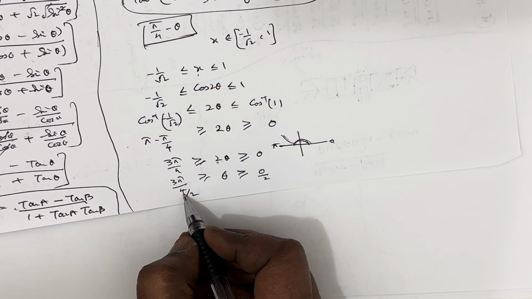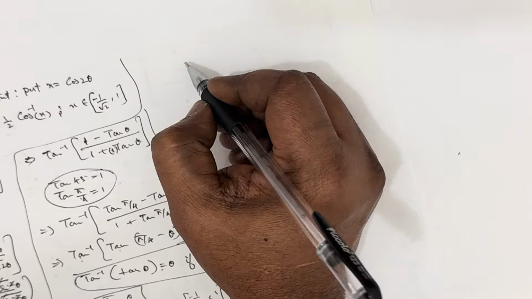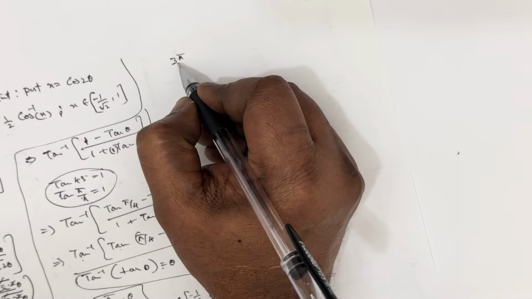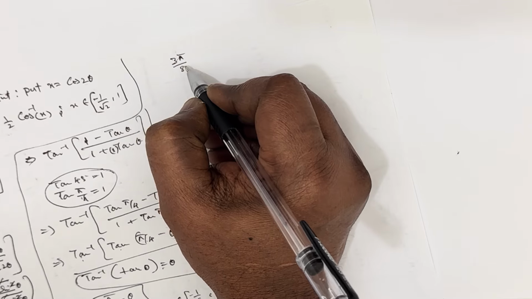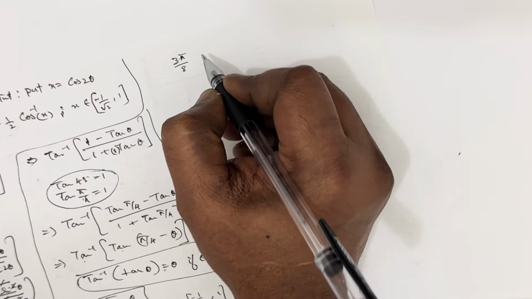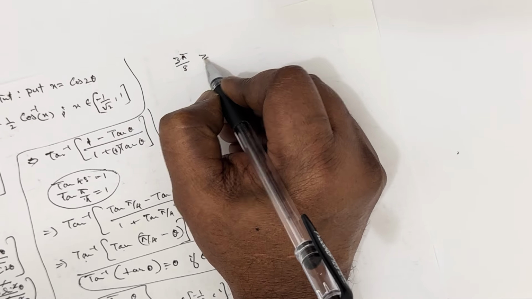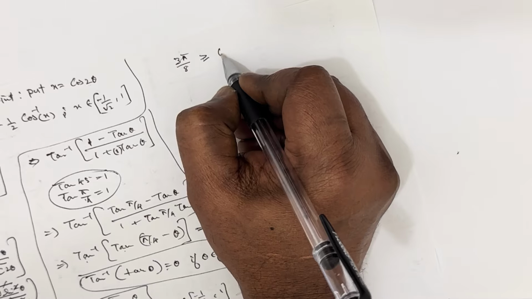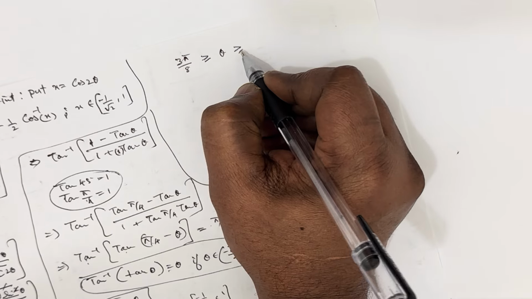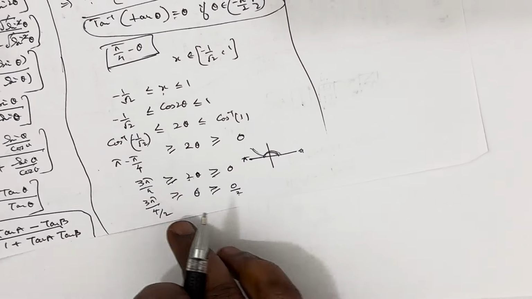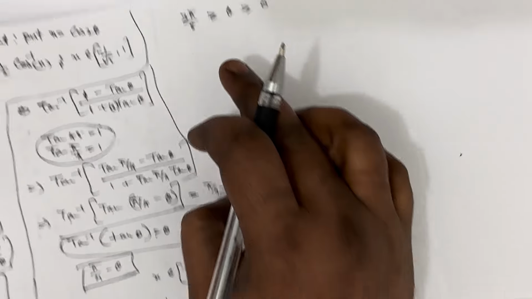So we have 3 pi by 8 greater than or equal to theta, which is greater than 0. Now this one will change to this.